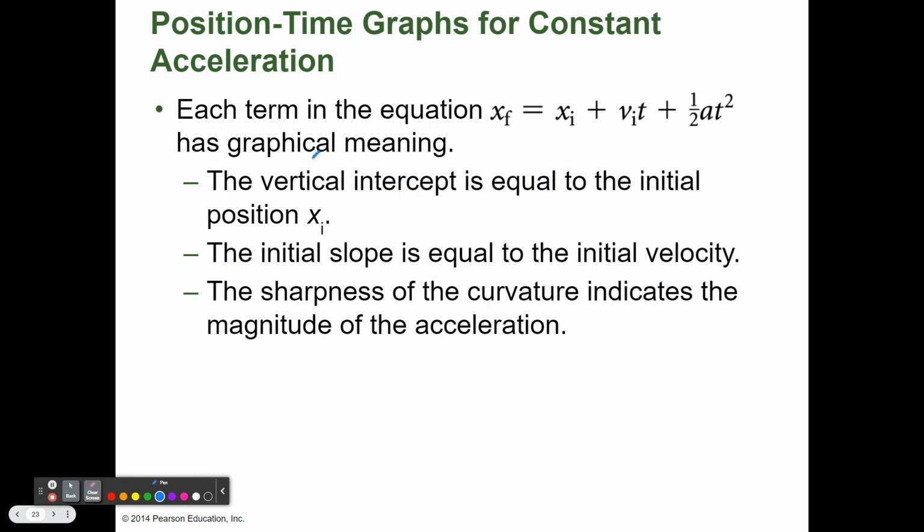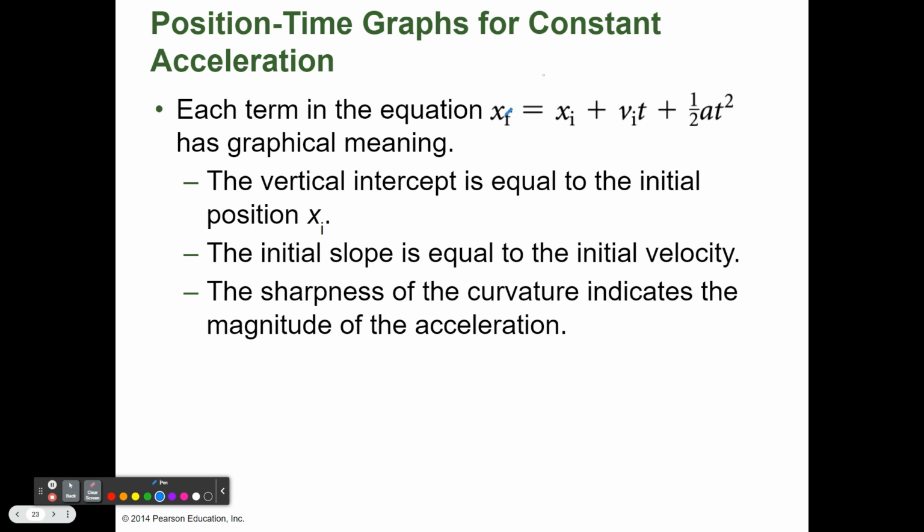All right, so now we're looking at position time graphs for constant acceleration. For constant acceleration, it means you are continually accelerating. It doesn't mean acceleration is zero. It means you have a constant acceleration. You're constantly accelerating, meaning your velocity is constantly changing.